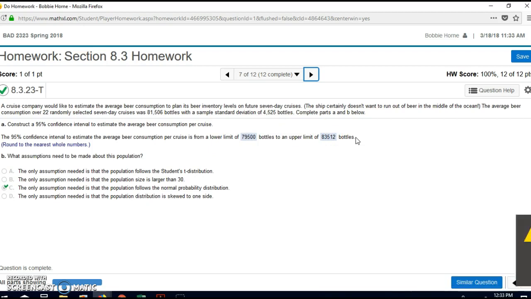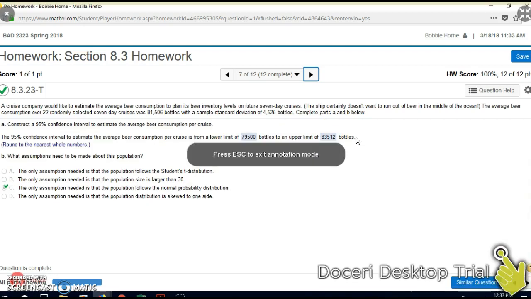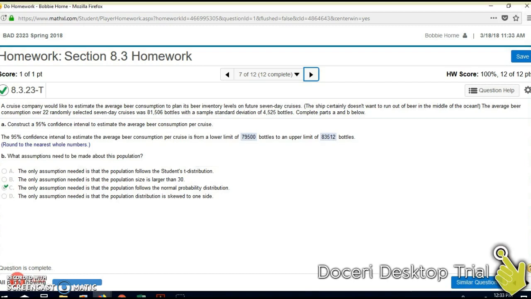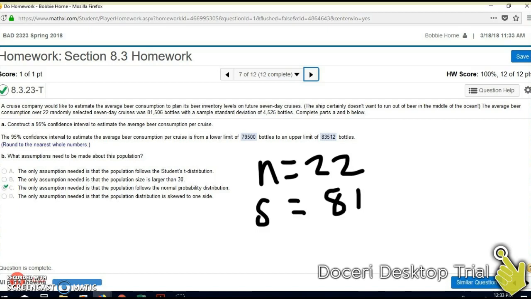Number 7. This is one where you can put it all into StatCrunch, just like we did earlier, where you do your n value. It says the average beer over 22 randomly selected, so n is 22, and then the mean would be 81,506.